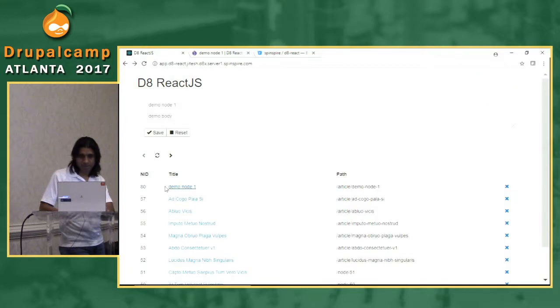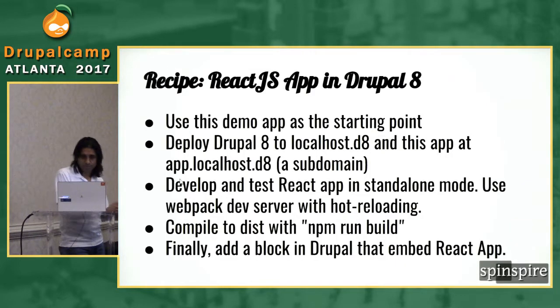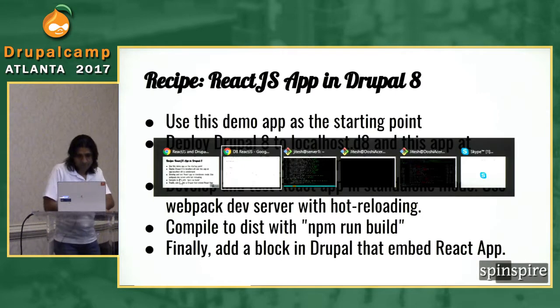That application itself is running here, right? I can test it here. So the Ajax application can be deployed in a subdomain of your main Drupal domain, so that cookie sharing is possible. And then you can develop your application in standalone mode.